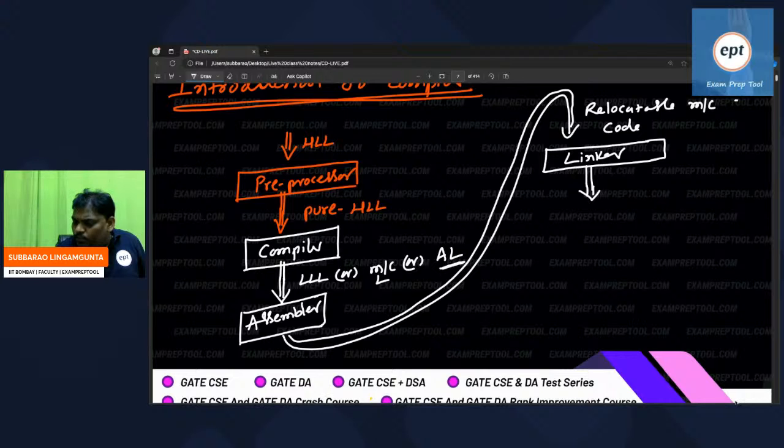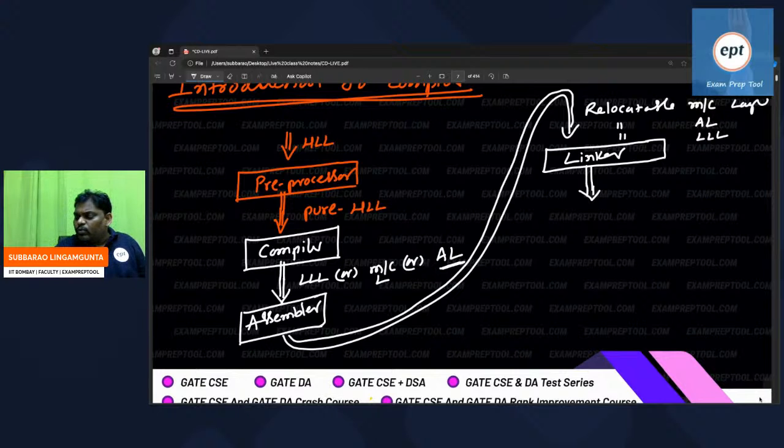The output is relocatable machine code. Another name for this one: relocatable assembly language, relocatable low level language, relocatable machine code or machine language.